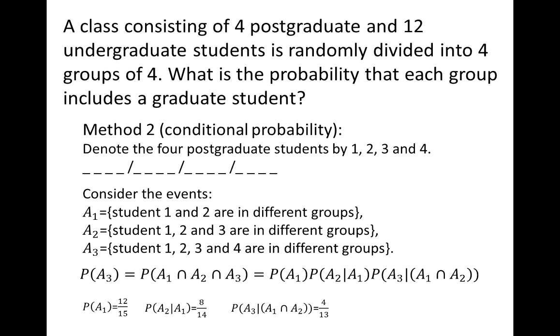Also, the probability of A3 given A1 and A2 is equal to 4 over 13, since there are 4 student slots in groups other than one of student 1, 2, and 3, and there are 13 student slots excluding students 1, 2, and 3. So the desired probability is 12 over 15 times 8 over 14 times 4 over 13, which is equal to 64 over 455.